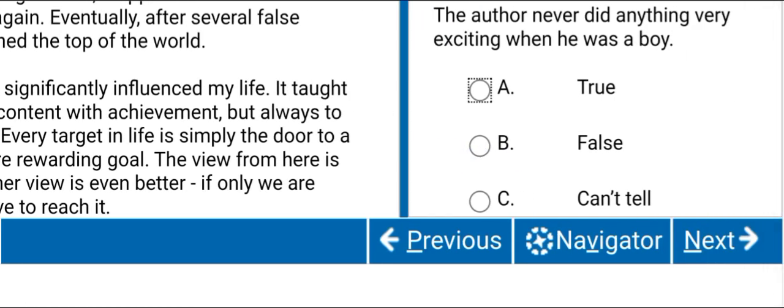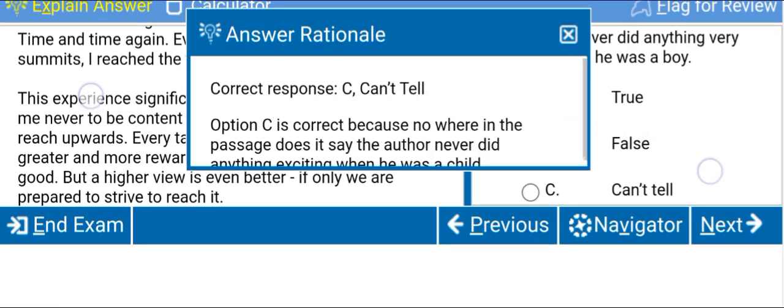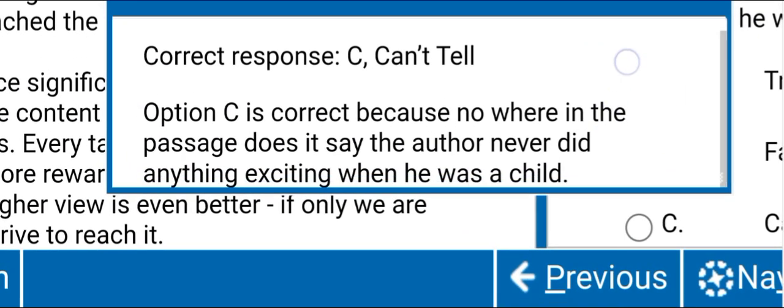The author never did anything very exciting when he was a boy. So you can use exciting as your keyword to find out your answer. So here we have option C is correct, which is can't tell. It is correct because nowhere in the passage does it say the author never did anything exciting when he was a child.